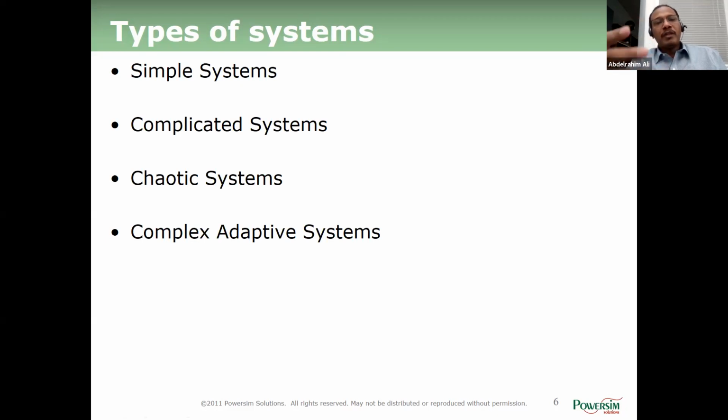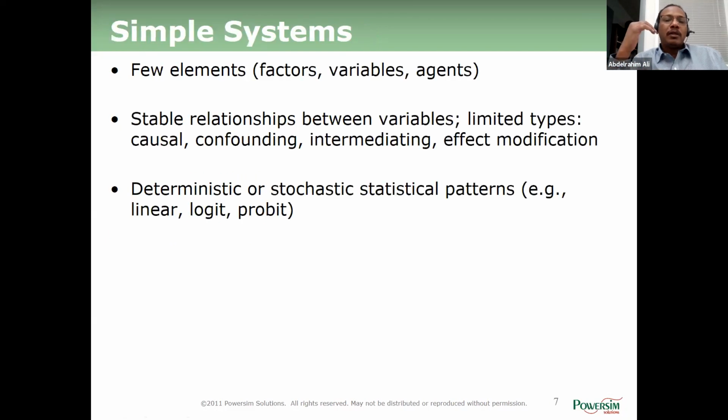And for each one of these systems, you need a different type of thinking about it. So this is why I would like to discuss thinking about our thinking. I will go through each one of them very quickly.